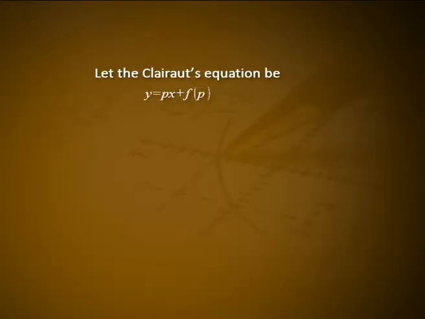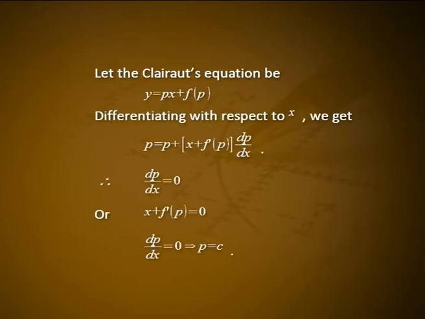Clairaut's equation is only a particular case of an equation which is solvable for y. Hence, it can be solved as explained below. Let the Clairaut's equation be y = px + f(p). Differentiating with respect to x, we get p = p + [x + f'(p)] dp/dx.